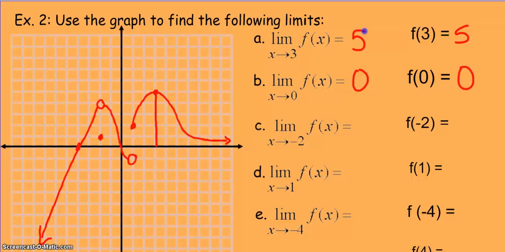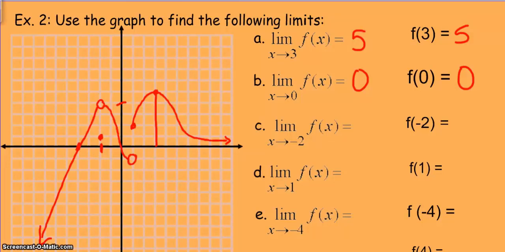We have the limit of f of x as x approaches negative 2. As the function approaches negative 2, we go all the way up and we see a jump or a hole, and then we come back down. So the y value at that point doesn't really matter for the limit because it's a hole.